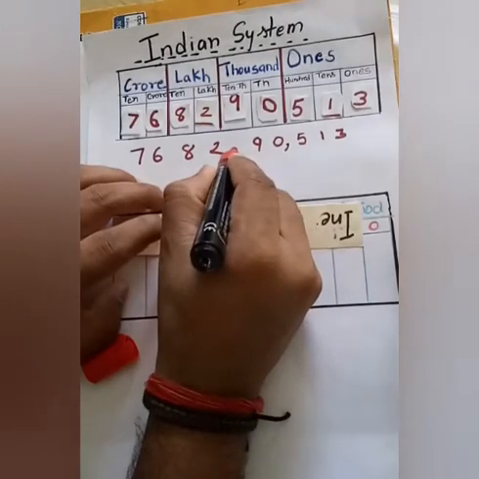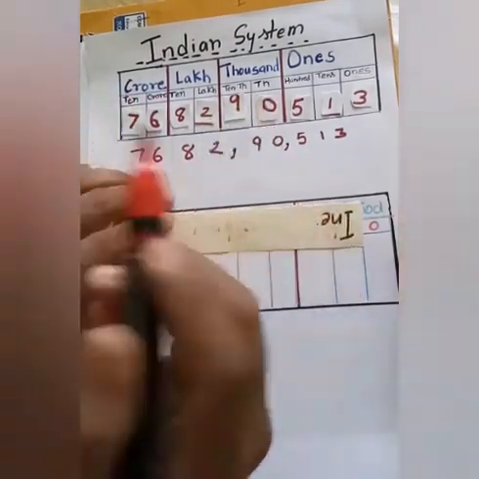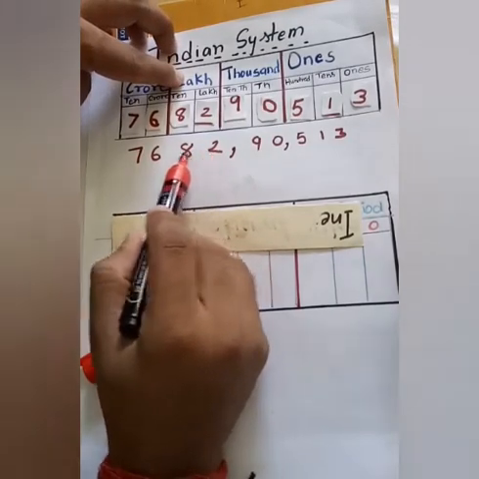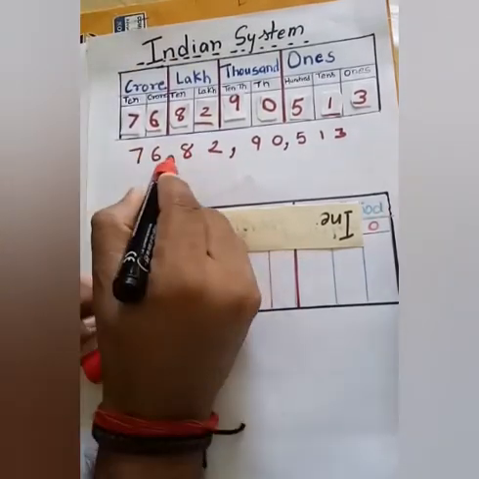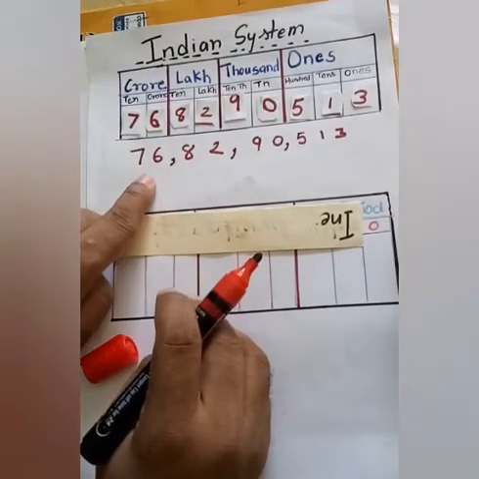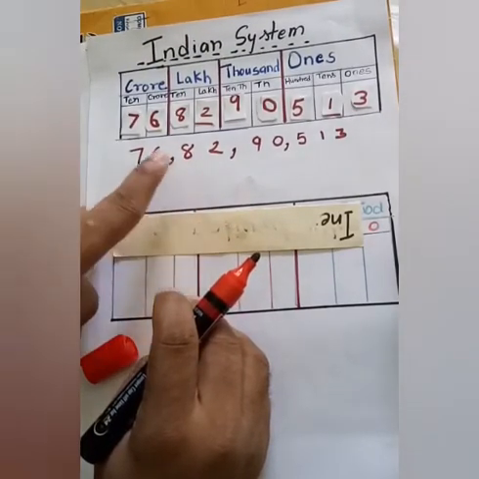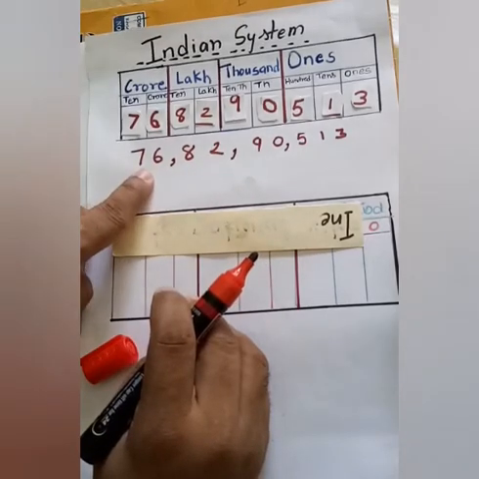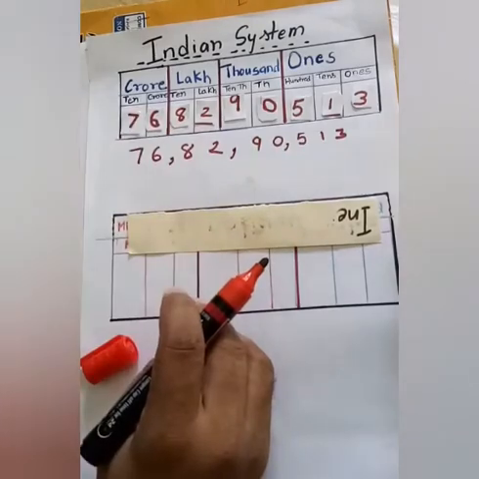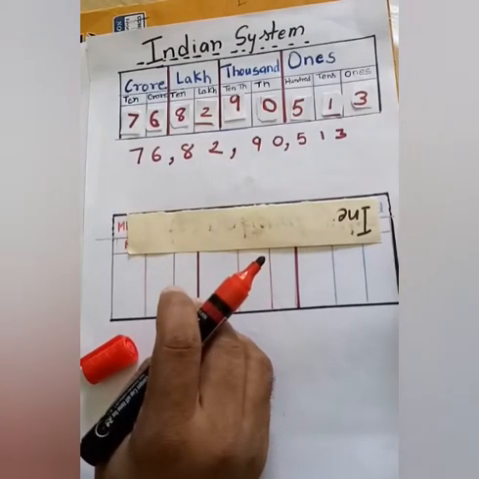So we put another comma here after two digits. Then after the lakh two digits, we put a comma again, and that separates lakhs from crores. So it is convenient to read this number: 76 crore 82 lakh 90,513. This is how we put commas.